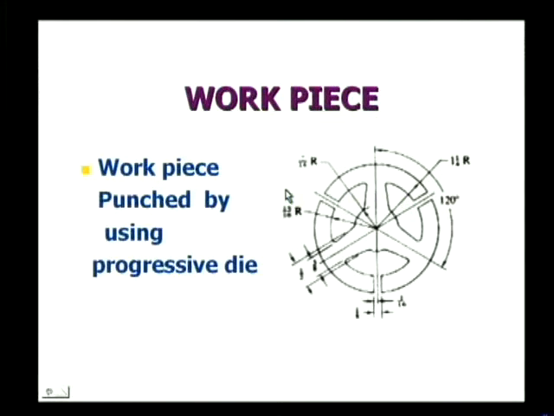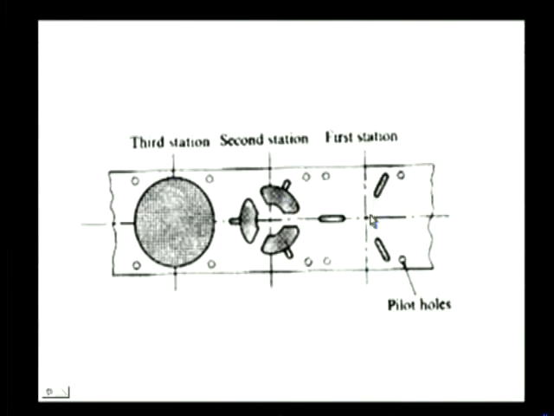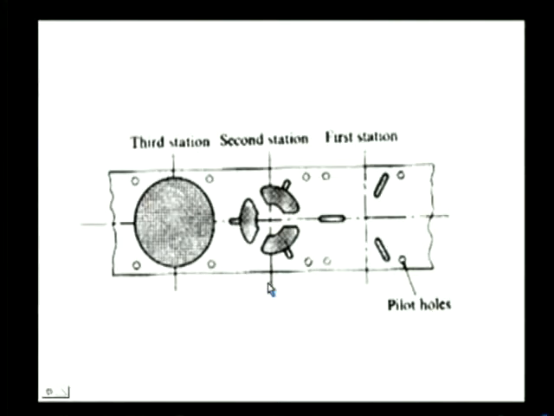It is quite interesting that all these operations at the first station, second station and third station will be performed at a single stroke of the ram. As the ram moves upwards, the stock is made to move through some exact predetermined distance, so that the holes made at the first station move exactly to the second station, where the second operation is completed along with these holes.